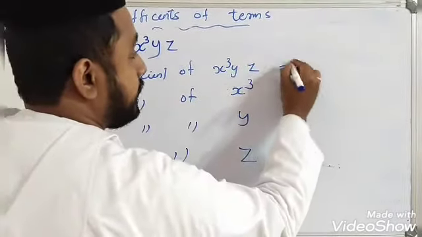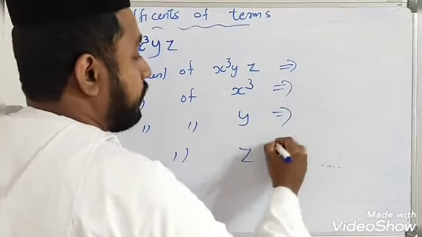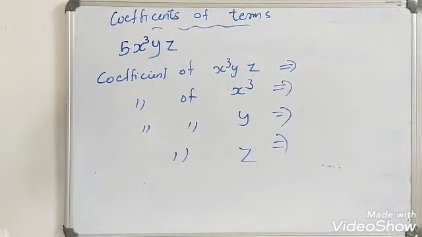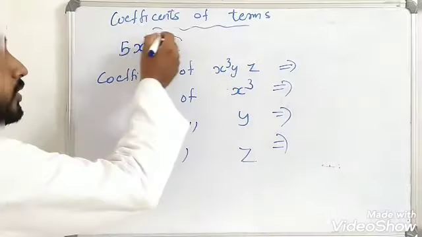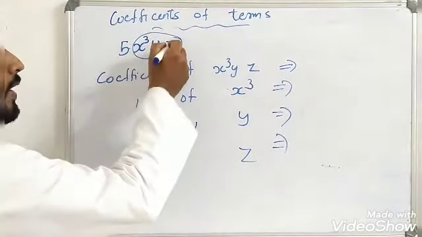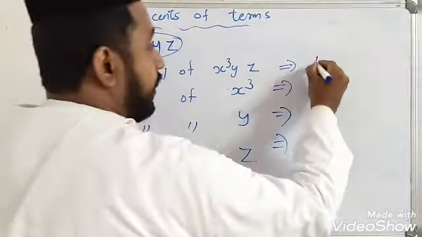Let us consider these questions. The coefficient of x cube yz in 5x cube yz is 5. It's a numerical factor.